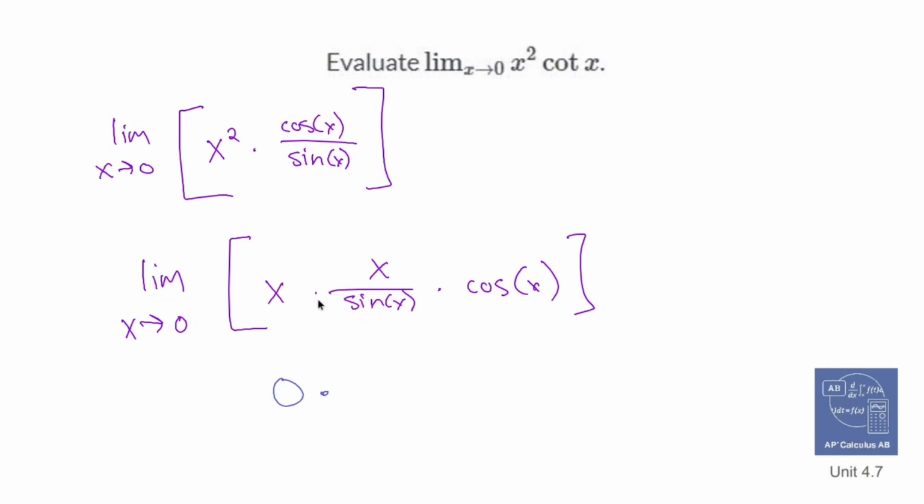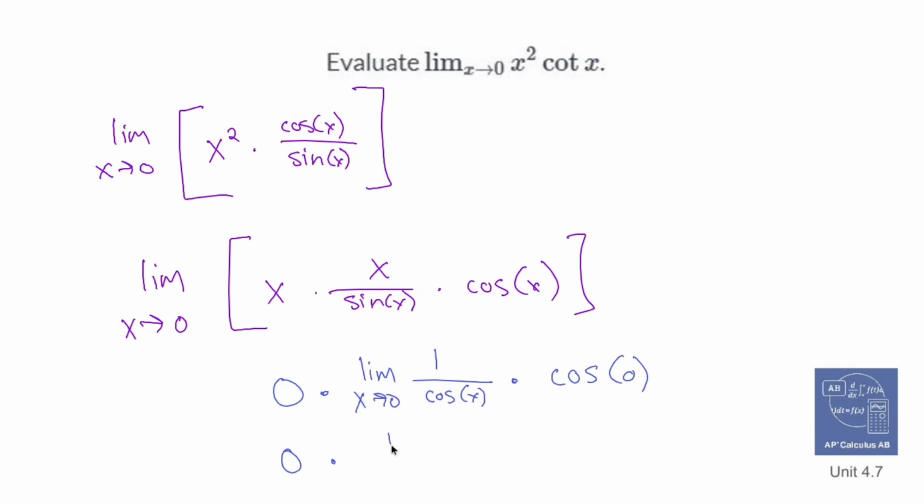That's all good. Now, I can't plug in 0 yet for the x over sine x part, but if I use L'Hopital's rule, I take the limit as x approaches 0 of the derivative of the numerator over the derivative of the denominator. Now we're in good shape because I can plug in 0 into cosine. The derivative of sine x is cosine x. Now the x squared is still 0, which means everything is just basically going to be destroyed anyway.